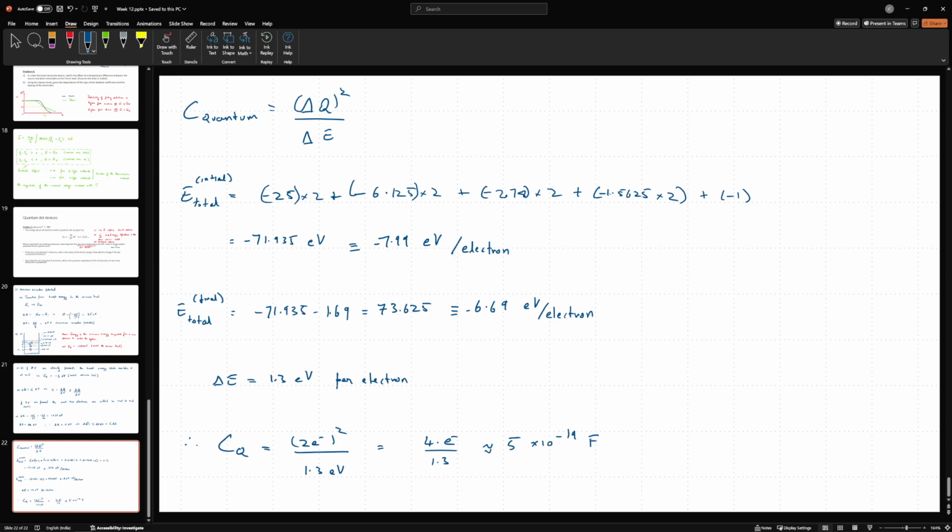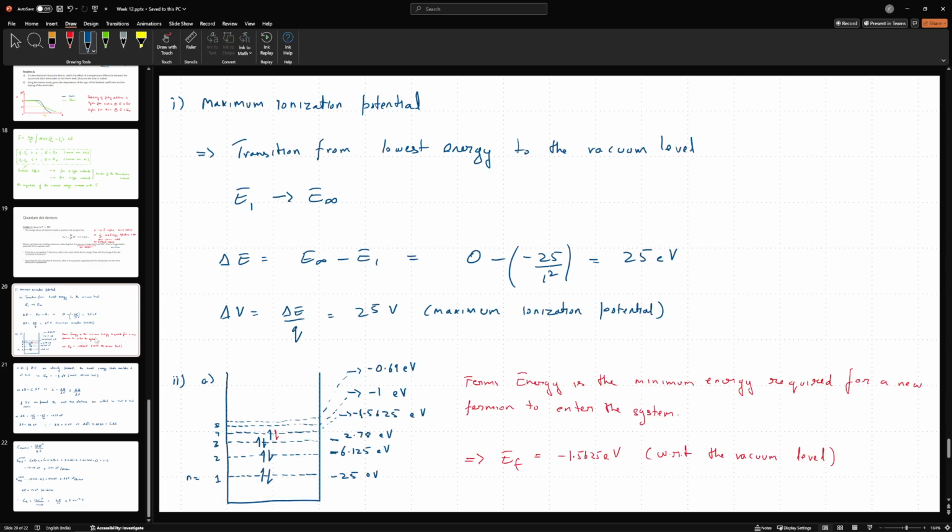So this is a very, very small microscopic capacitance, but note that the number of electrons I added was also equivalently small. Now, this number will become larger and larger as more and more electrons enter the system, because as we have already been seeing, as we go higher and higher, the difference between the energy levels will become lower and lower.